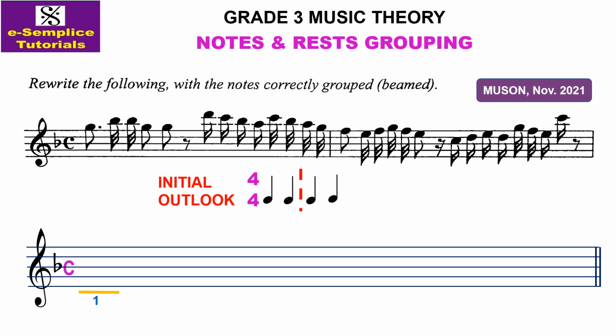So beat 1, looking at the initial outlook, beat 1 is a crotchet. So from the notes above, which notes are you going to put together to form a crotchet? So look for the first crotchet from the above notes and group them together.